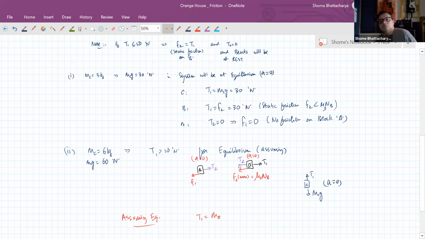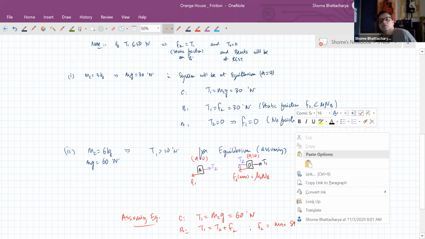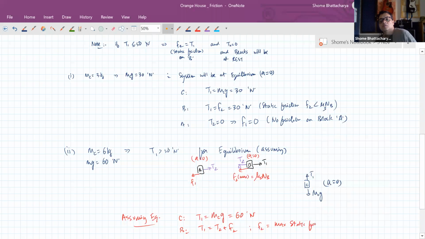T1 is equal to weight, so that is 60 newtons. Then for block B, T1 is balanced by T2 plus friction, where this friction will be the maximum static friction. Okay.